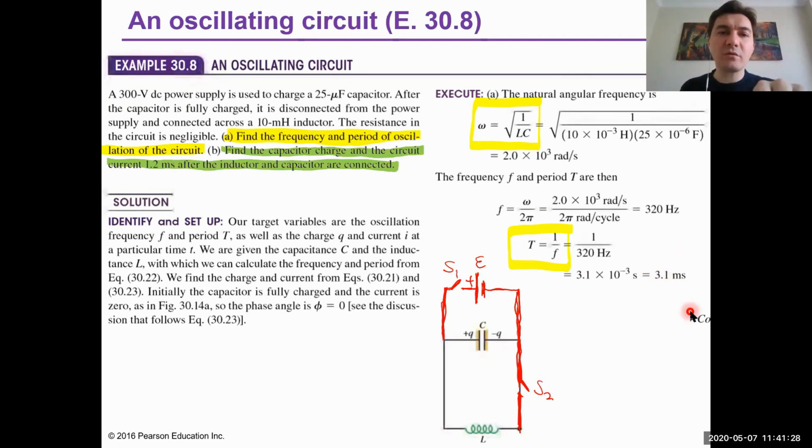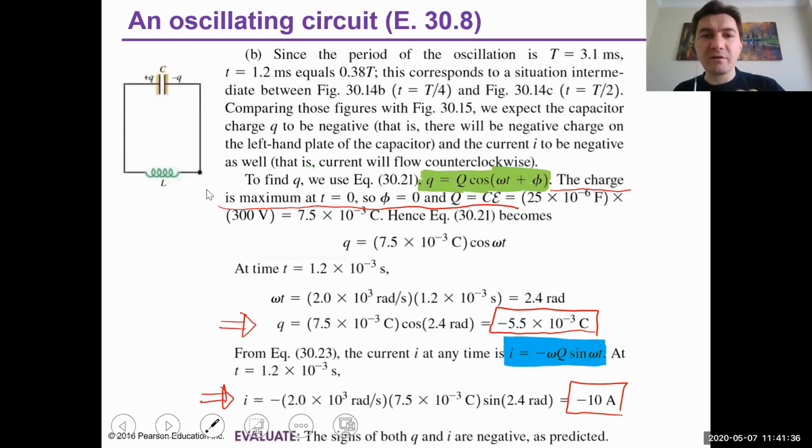So now, what about the capacitor charge and current after 1.2 milliseconds? So capacitor charge is given by that expression. We have already calculated the initial charge times cosine omega t plus phi. The charge is maximum when the time is 0.